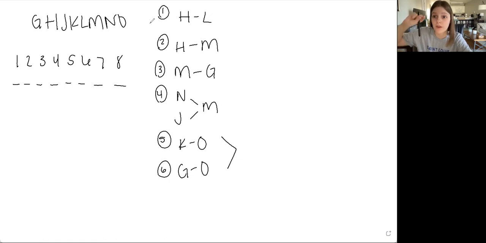Think about overlapping our O. If we were to overlap the O, what happens is we have 2 O's here and we're overlapping them, so our chains are just going to form like this, like our N and J and M. They're just going to overlap each other. So we're smushing them down together to form something like this.